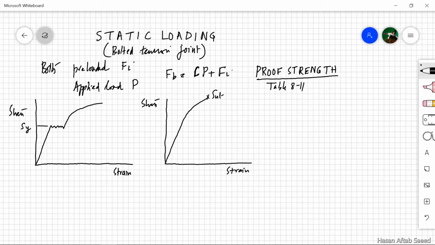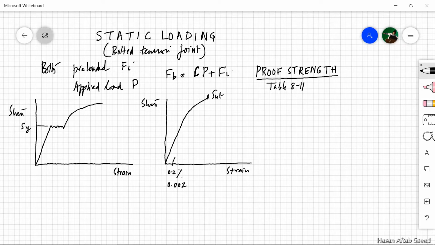So what we do, and you'll recall this from your first course in solid mechanics, is we take a value of strain, normally 0.2% of strain, or in other words a strain of 0.002, and we extend from this point.